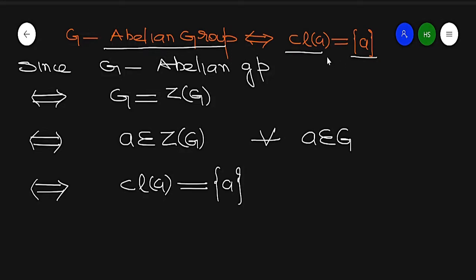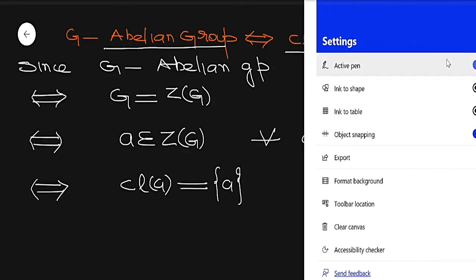Now, if G is abelian, then we proved that. Now for the next remark, what is the normalizer of any element A?